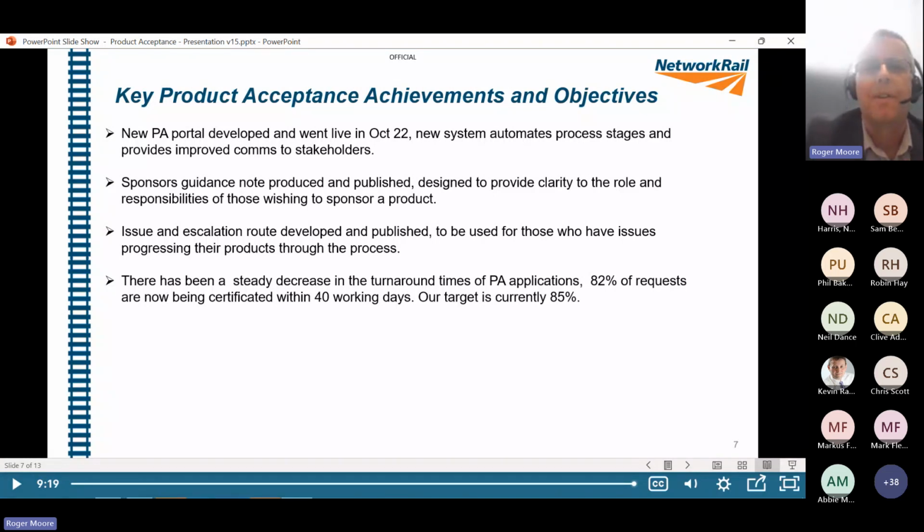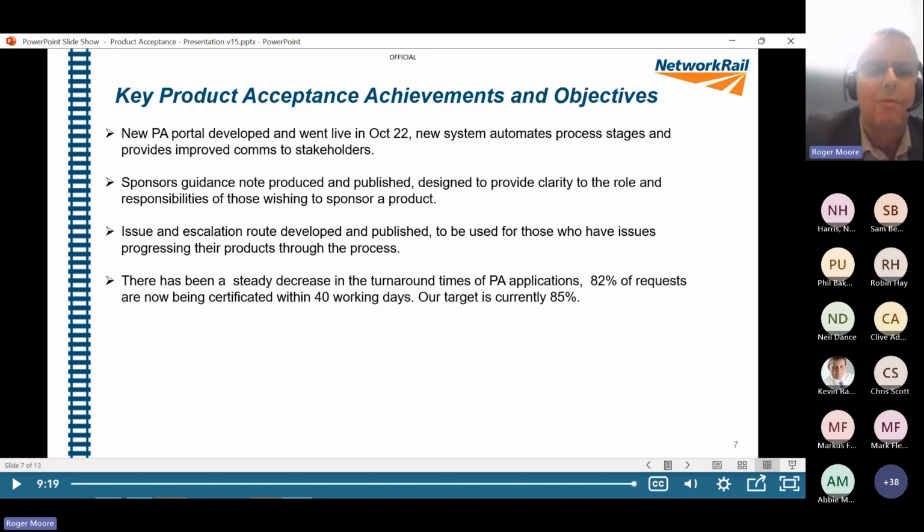And some of those responsibilities include making sure that, if they move elsewhere, the product is handed over to somebody else within their organisation. And that guidance note is now published and attached to the Network Rail literature on the website and also the application form.